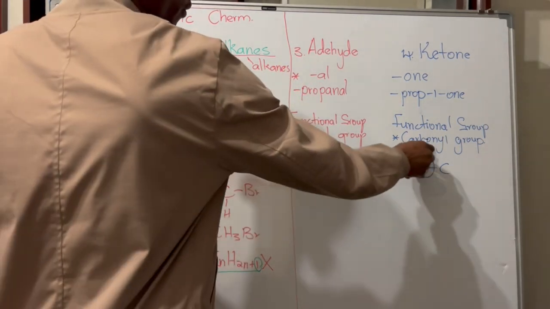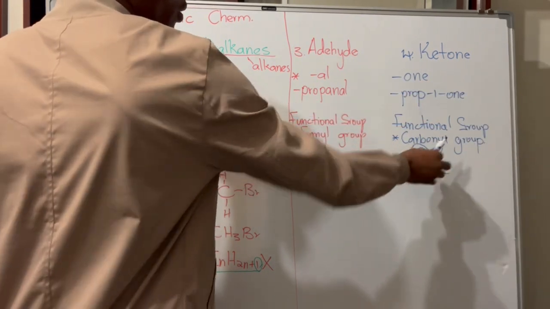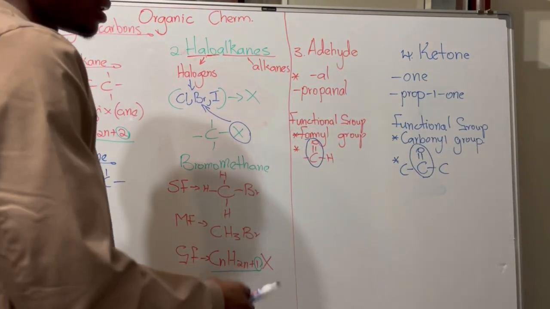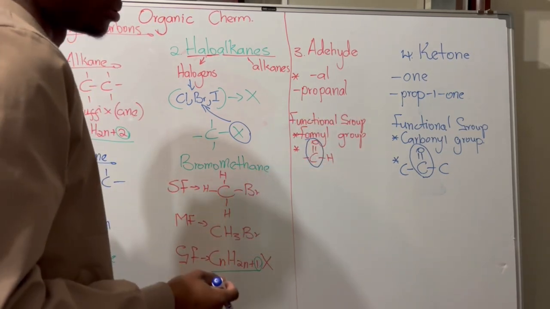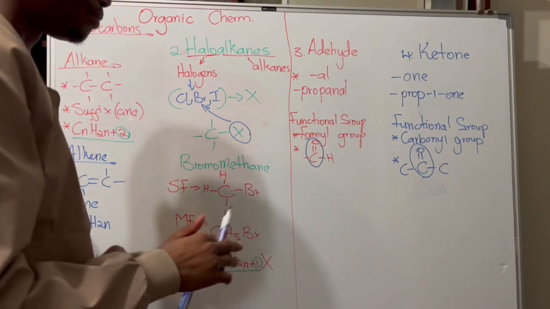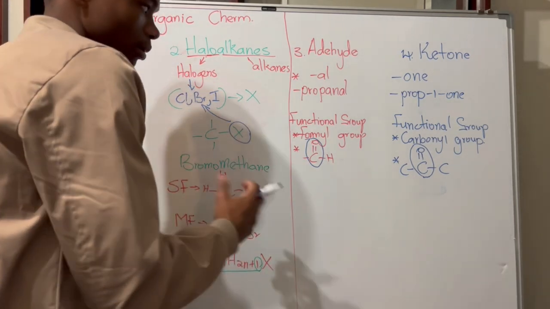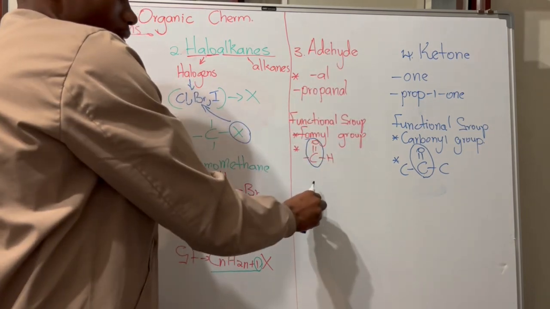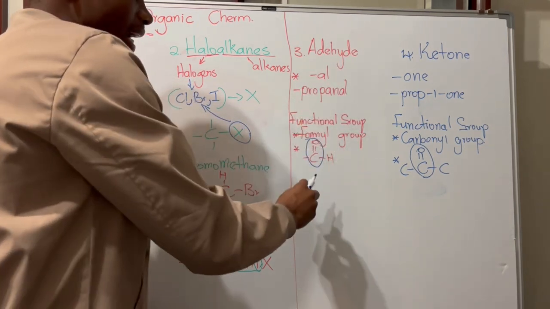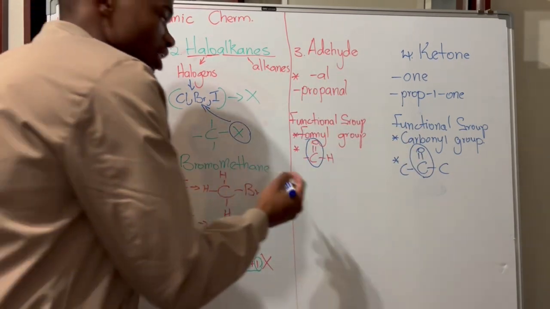So for pure science students, you can use carbonyl group for both, and for those that have formyl group, they can use formyl group, but I've just differentiated them.